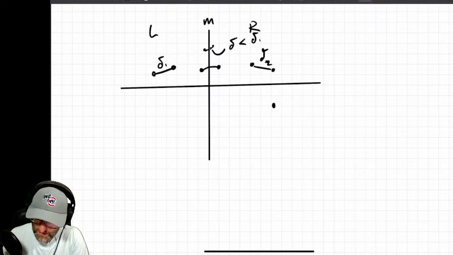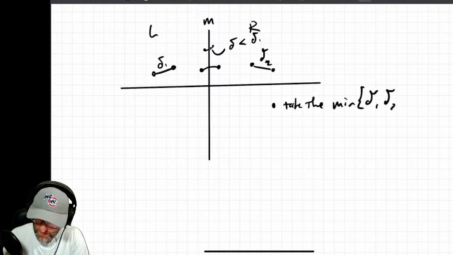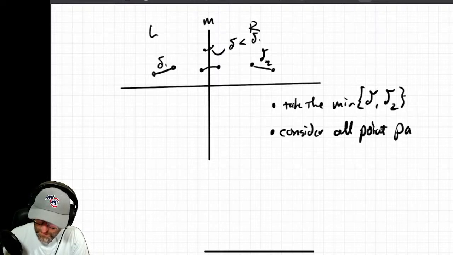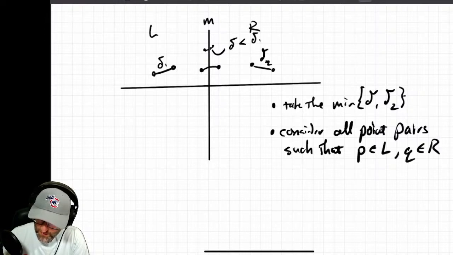Take the min of delta 1 and delta 2, and then consider all point pairs such that P is going to be in the left partition and Q is going to be in the right partition.